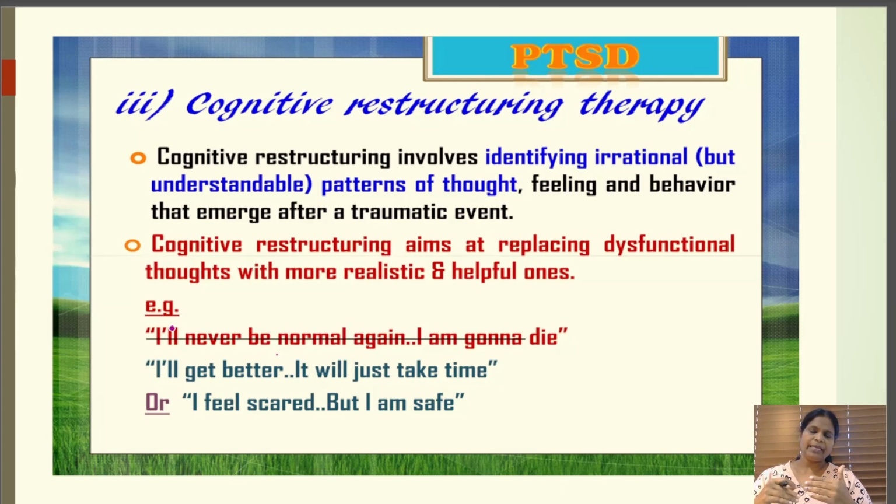But we make them think in a different way, like, I'll be better, it will just take time, I feel scared but I'm safe. We ask them to repeat these statements so that they can perceive in a different way. That's how the negative thought pattern is identified and the thoughts are restructured.